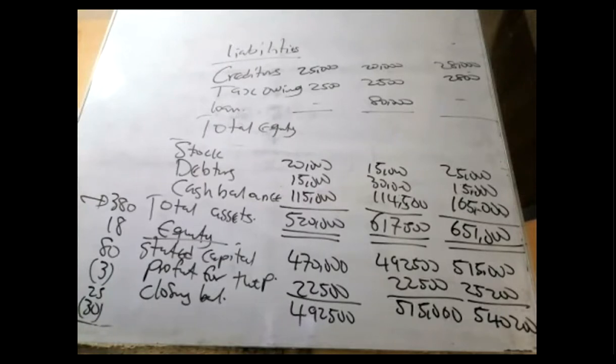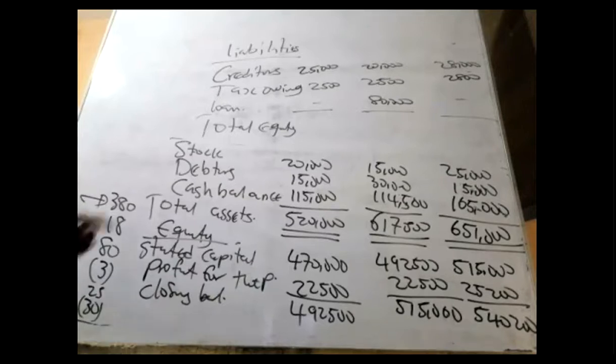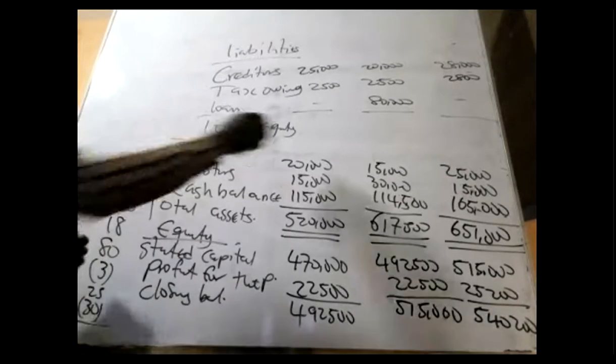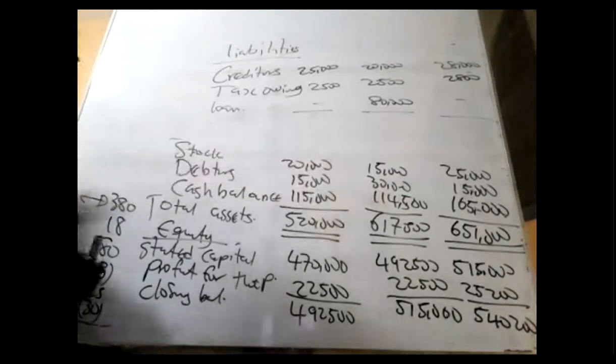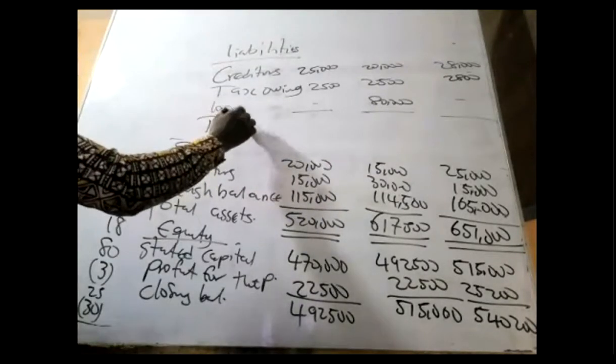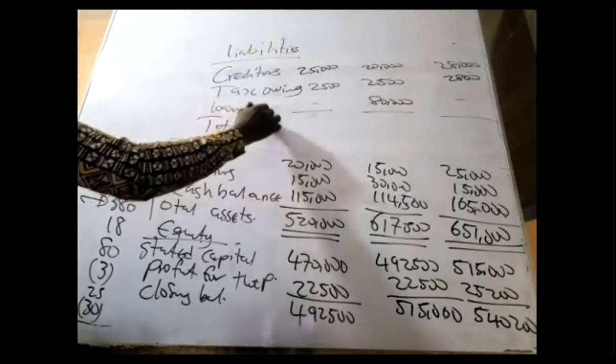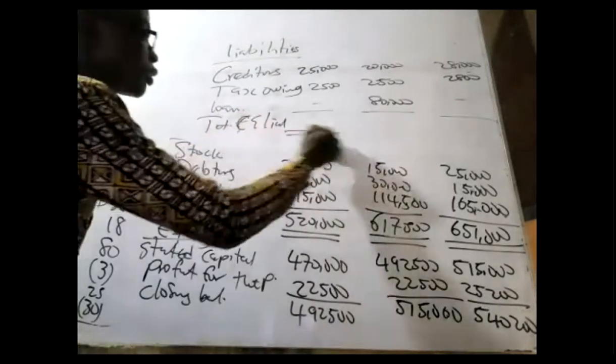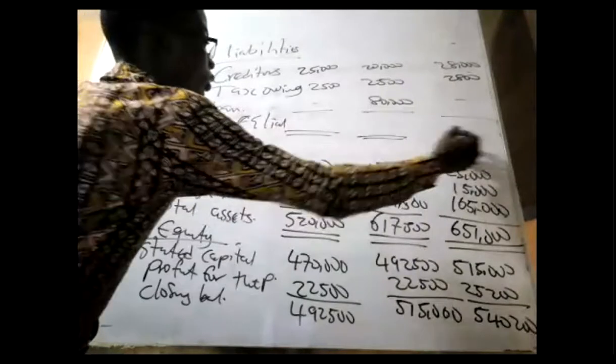So total equity and liabilities. Let's shortcut it and then move on quickly.